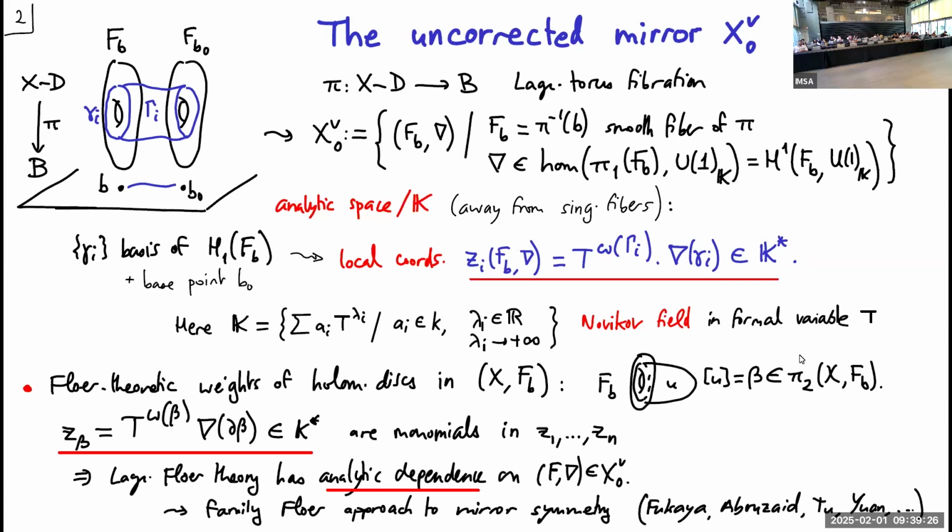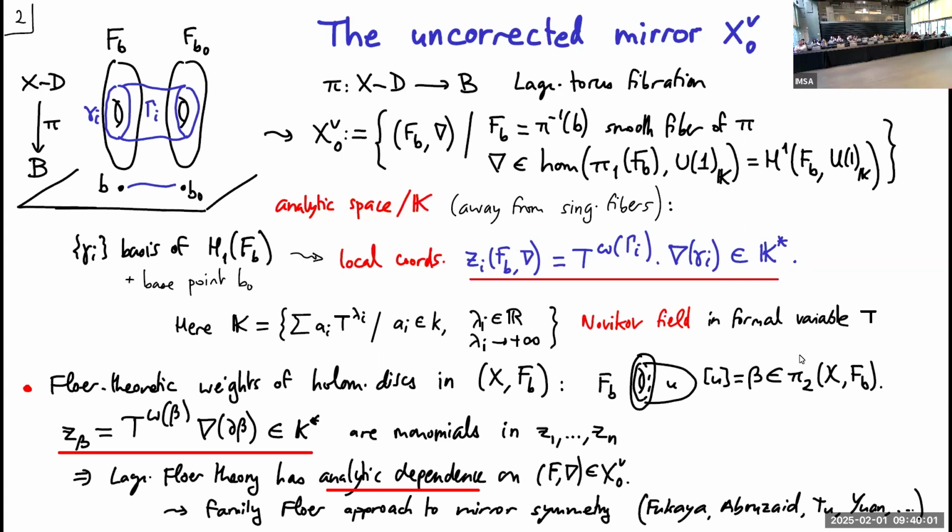One way you can do that is if you fix any loop little gamma on the fiber, just a homology class is enough, you move it from one fiber to another, it sweeps a cylinder. Symplectic area gives you a number, and you can do that for every class in H_1 of a fiber. This is a linear map, therefore you can associate, in fact canonically, the difference of 2 points in the base close to each other with an element of H^1 of the fiber with real coefficients.